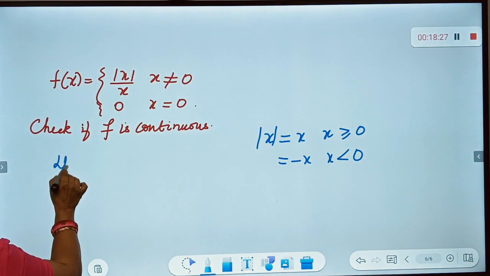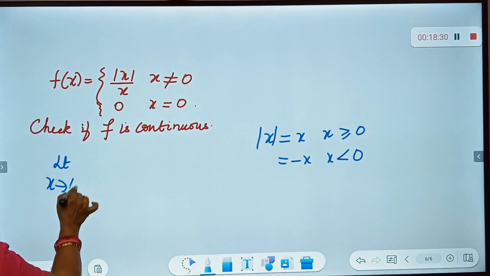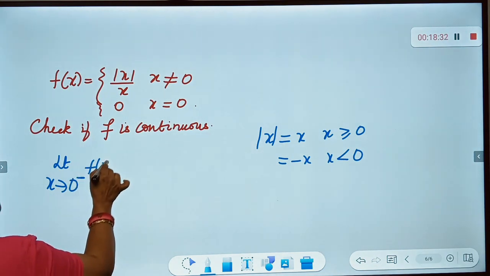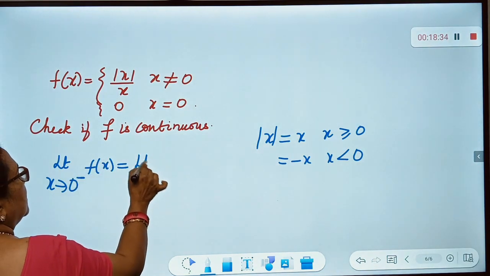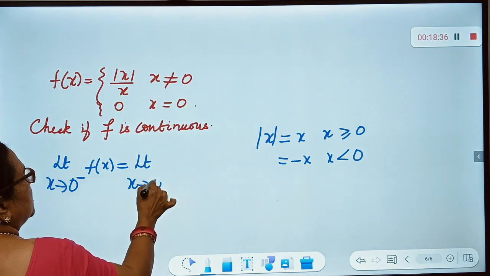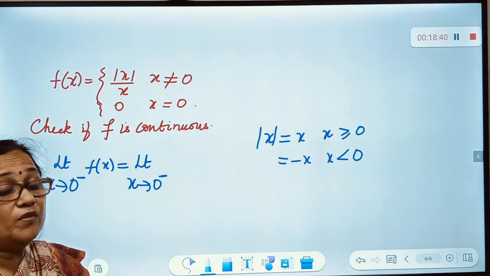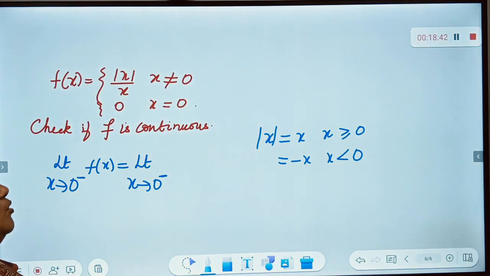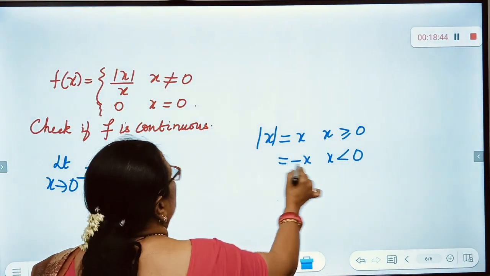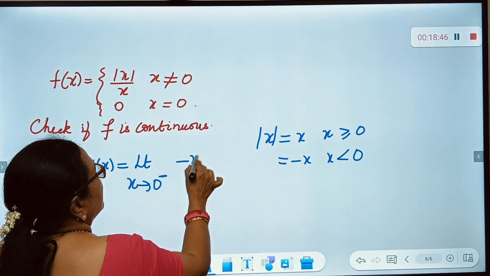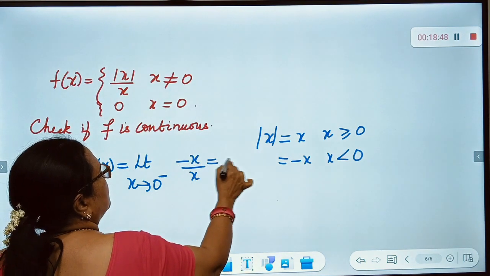Now limit x tends to 0 minus of f of x: when I say 0 minus, x approaches 0 through values lesser than 0. So when x is less than 0, you have minus x, so minus x by x, which is minus 1.